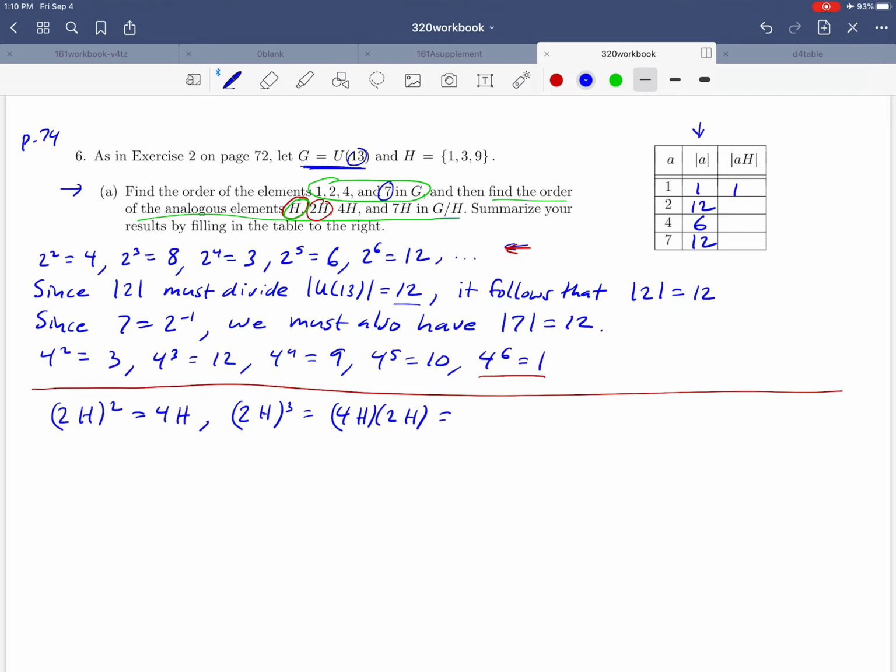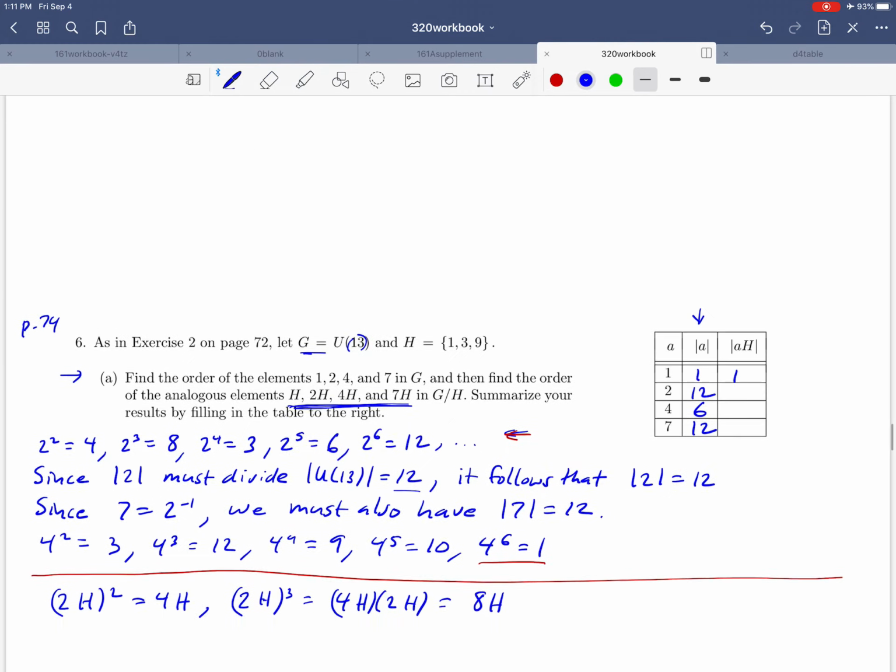Now if you do that multiplication, you're going to get 8H, but, let's clear a little clutter away here. Notice that 8H doesn't look exactly like our 4 coset representatives, which means that 8H must be equal to one of those 4 things. And to see which it is, we can sneak a peek back at the Cayley table that we did on page 72.